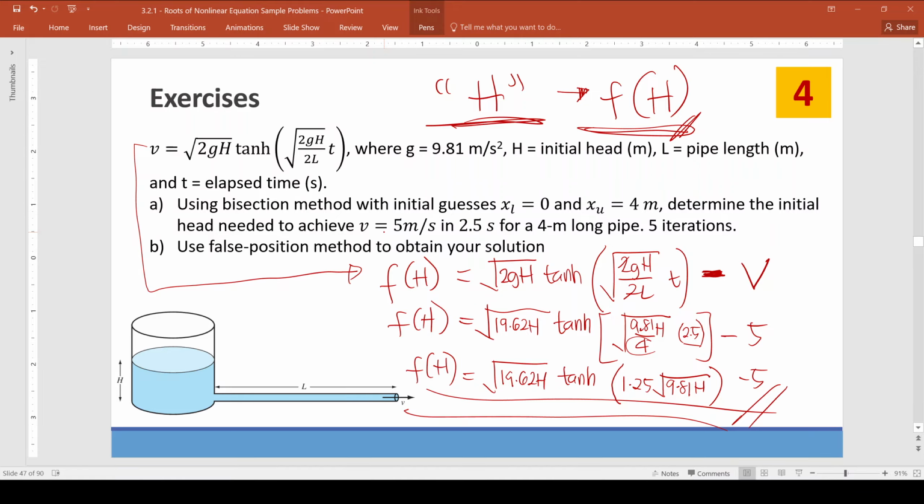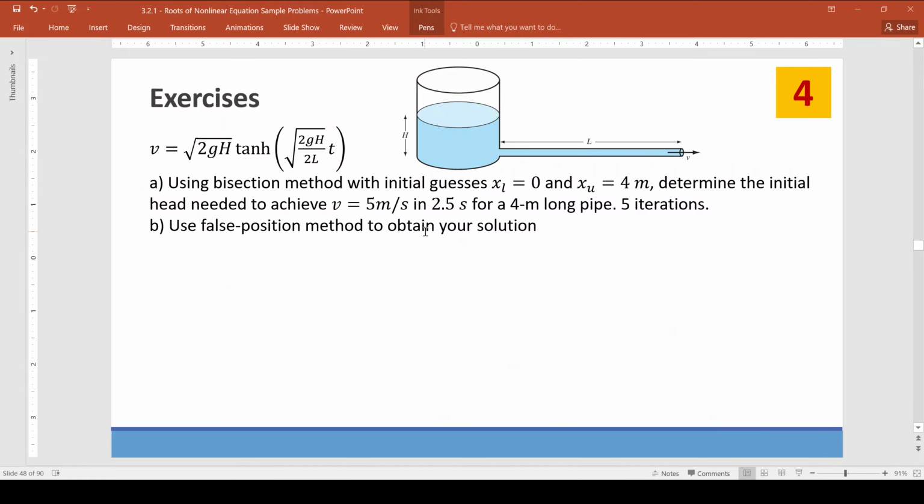Again, we are going to use the Newton-Raphson for this problem, though it was not asked. By the way, if you're going to solve this personally, of course you're just going to use the bisection method and the false position method. But for this example, I just show everything, so you might appreciate the four methods better.